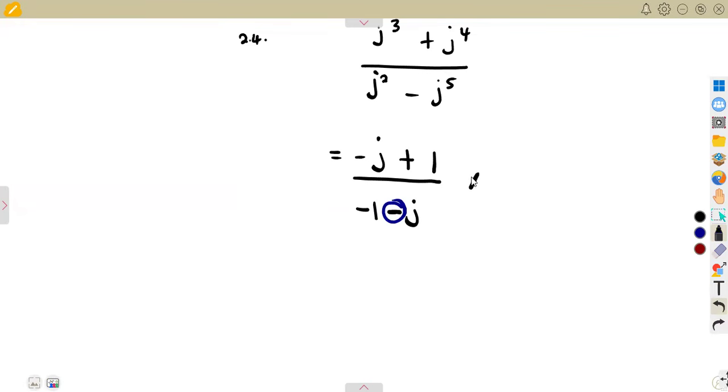So introducing a negative, that will be minus 1 plus j over minus 1 plus j. The product of these two will give us a rational term. As you can see, this is just the product that we are given on top, minus 1 minus j, plus 1, and minus 1 plus j. It's a product of the two.